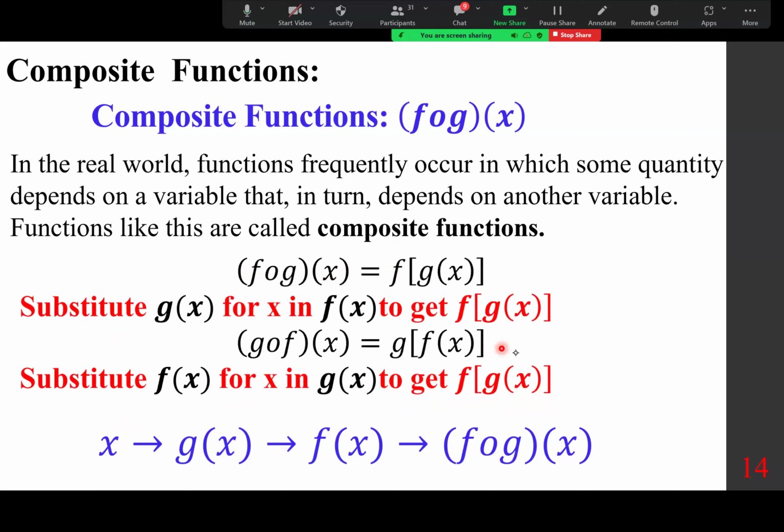g of f of x: substitute f of x for x in g of x to get g of f of x. My apologies. So this is g of f of x. You want to distinguish between the two, so be very careful with that.